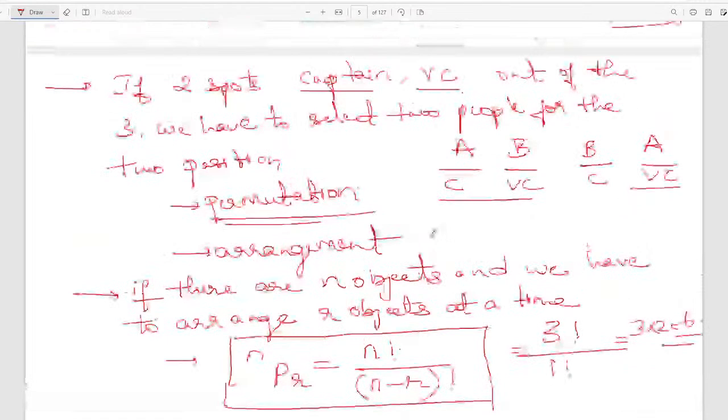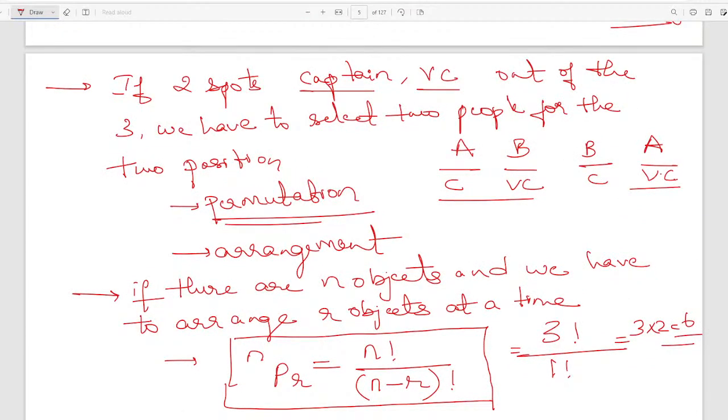Or there is one more way in which you can calculate the permutations. That is the slot method. You have two slots, one for captain and one for vice captain. So you write the slots like this. This is captain, this is vice captain. If we have three people, for the captain we have three possibilities.